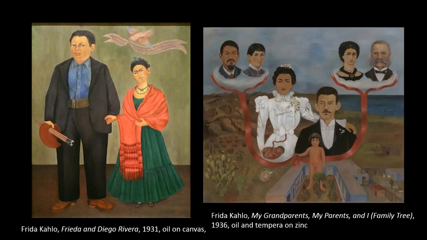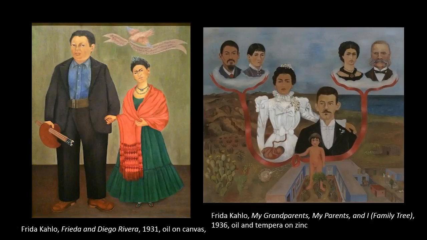We'll look at some other self-portraits from the 1930s, and we can see how they reflect Frida Kahlo's growing obsession with indigenous attire and hairstyle. We see it in a portrait she did of herself and Diego Rivera in 1931, and obviously we have seen it in the Two Fridas. She never completely abandoned dressing her subjects and herself in mainstream European dress.